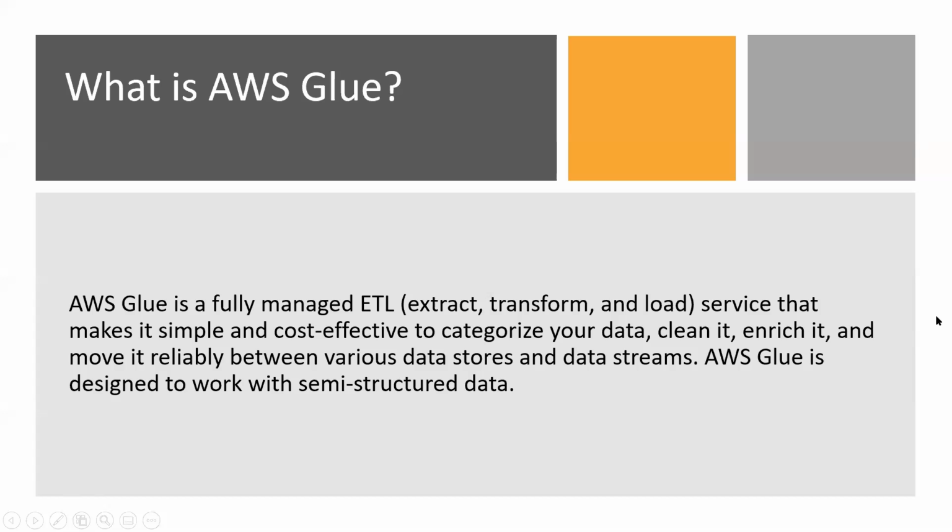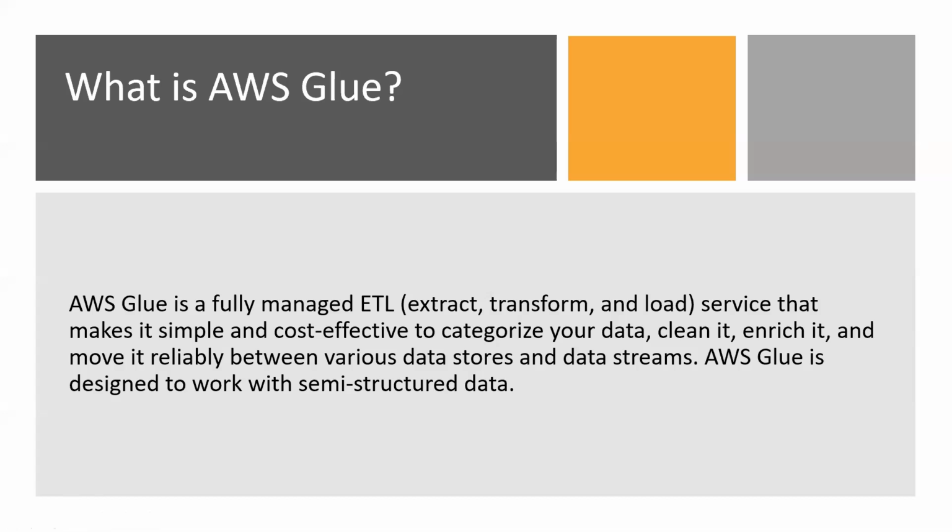Let's talk about what is AWS Glue. AWS Glue is a fully managed ETL service that makes it simple and cost-effective to categorize our data, clean it, enrich it, and move it reliably between various data stores and data streams.